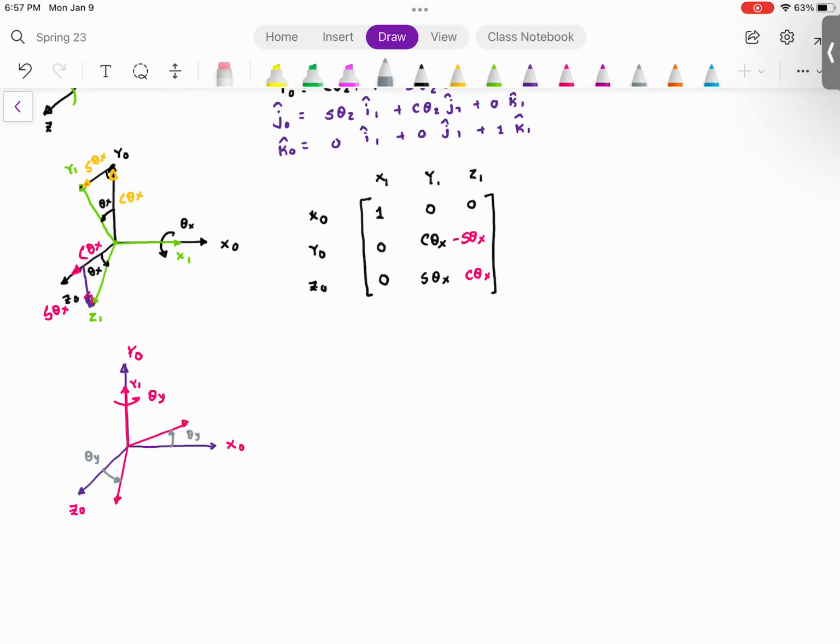Are you with me so far? Then clearly we have to repeat the same process and draw the projections.